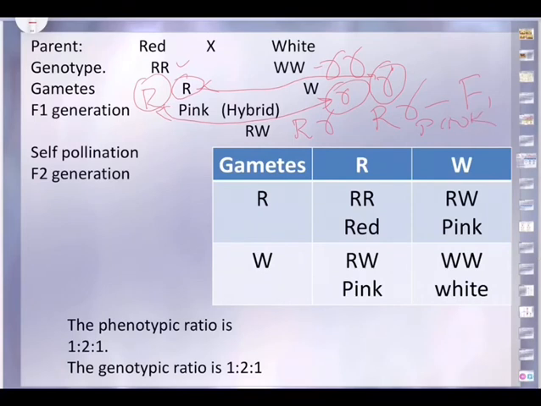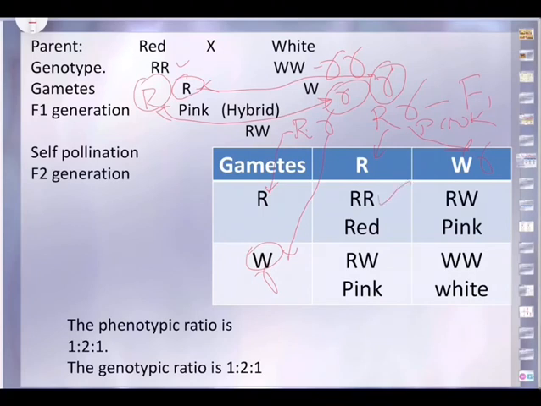So through Punnett square, this is F1 generation, right? And what is the color of this flower? Incomplete dominance, remember? This is pink flower, right? And through Punnett square, when we make it, it is capital R. This is coming here, and this is coming here.